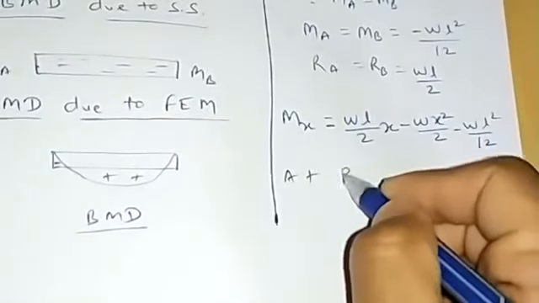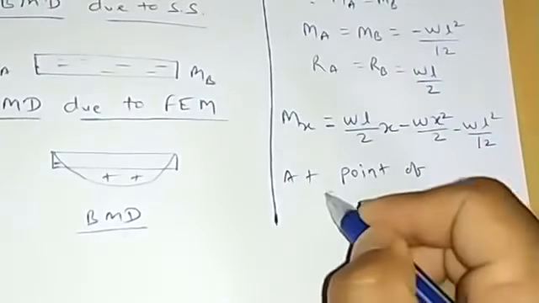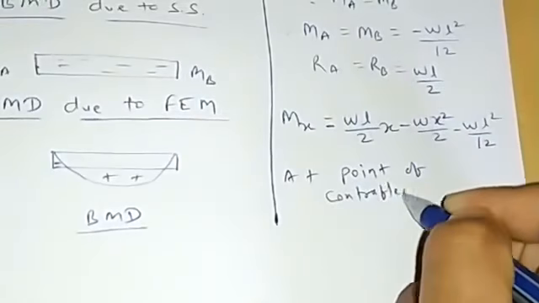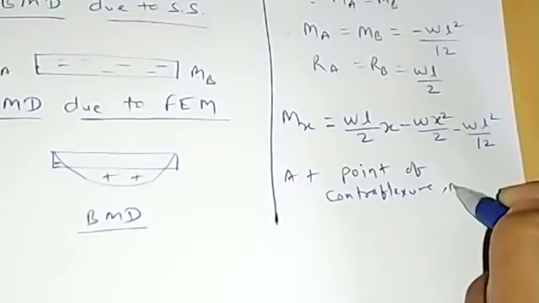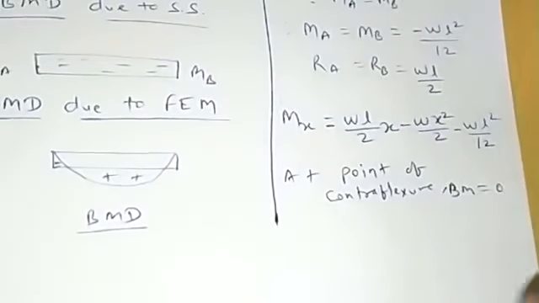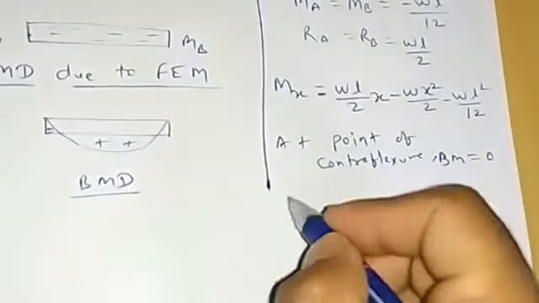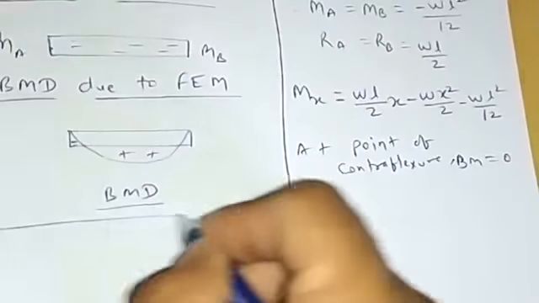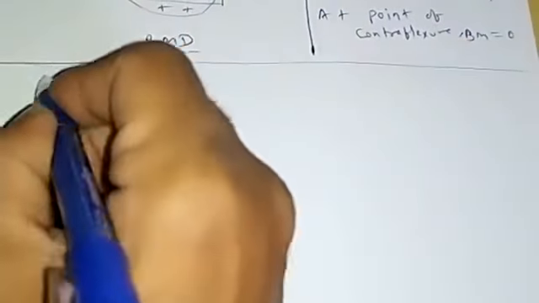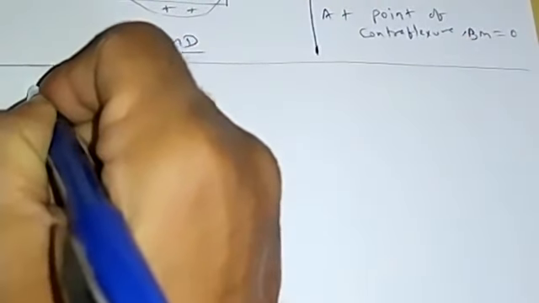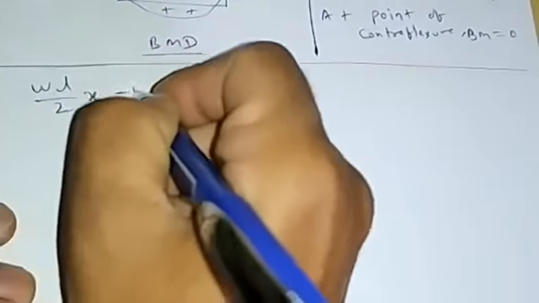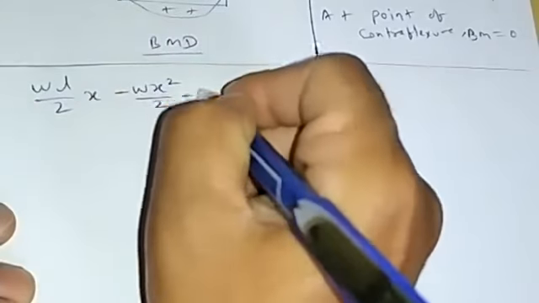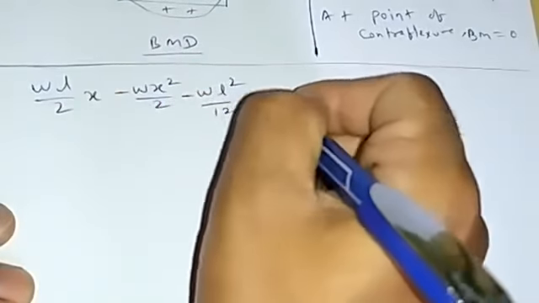And at the point of contraflexure, the bending moment is equal to 0. So therefore, WL by 2 into x minus Wx square by 2 minus WL square by 12 is going to be 0.